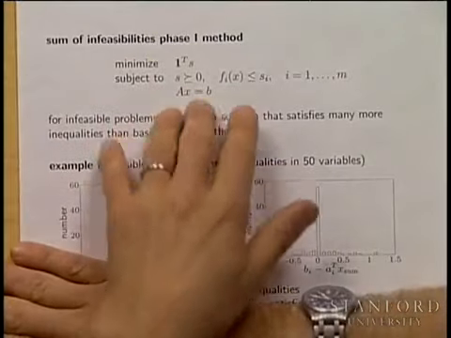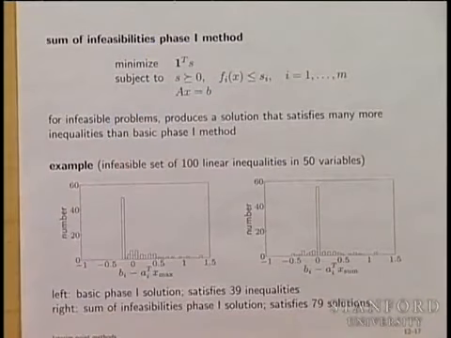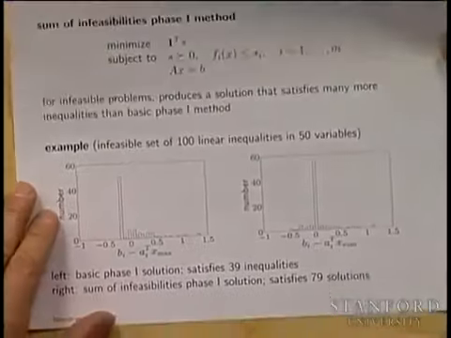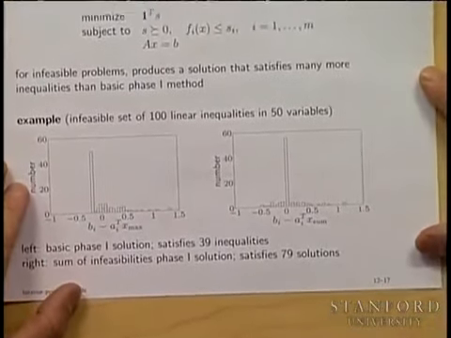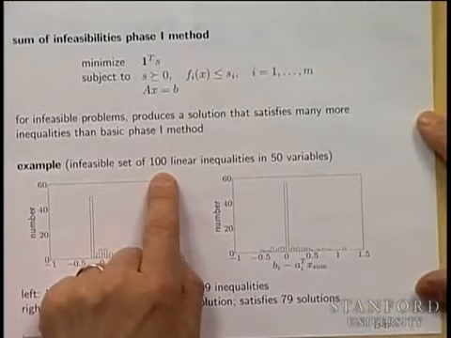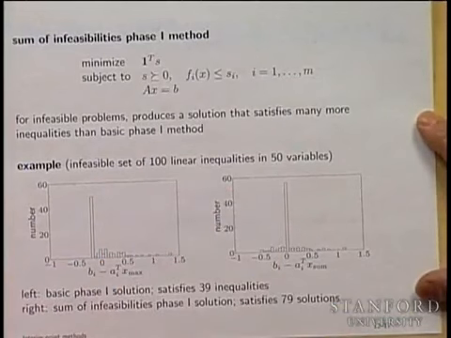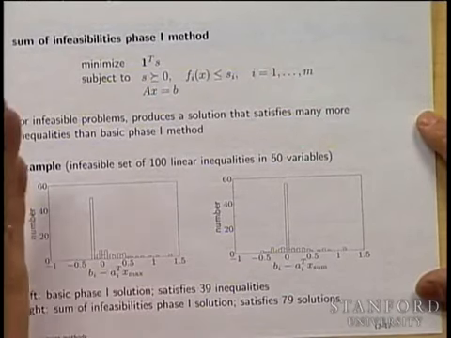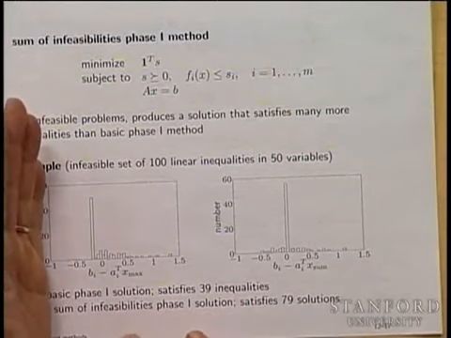Okay? When you solve this problem, here is what happens. This is with 100 infeasible linear inequalities and 50 variables. It's infeasible, and this is what happens. This is plotted backwards, I guess, but these are supposed to be positive.